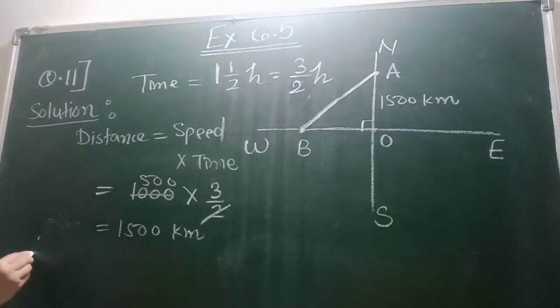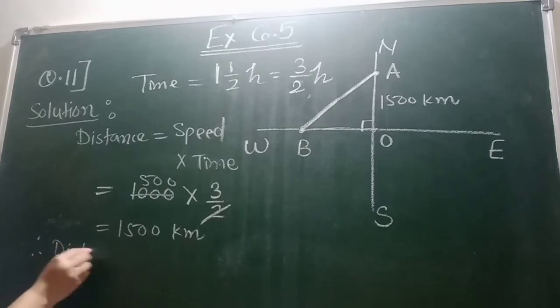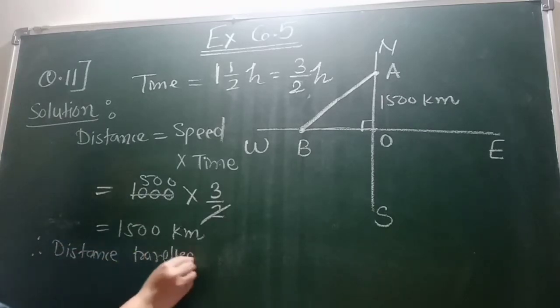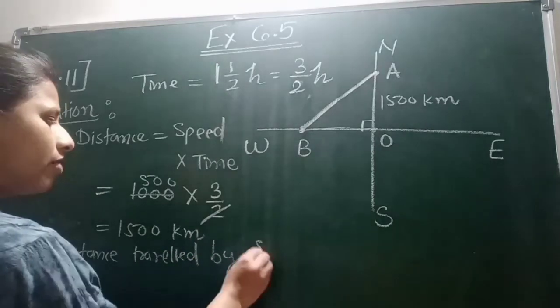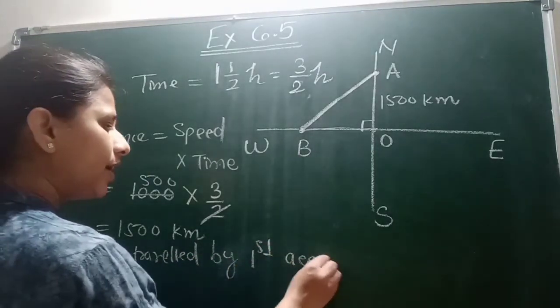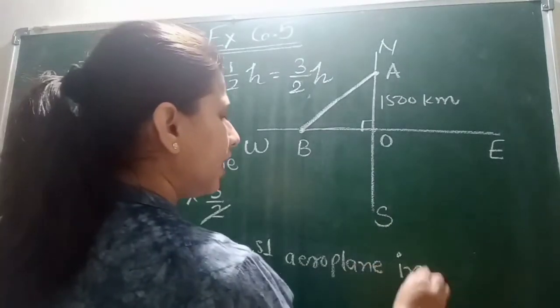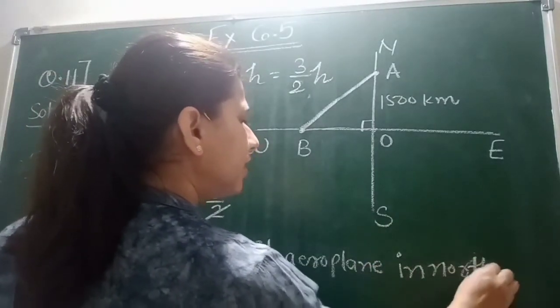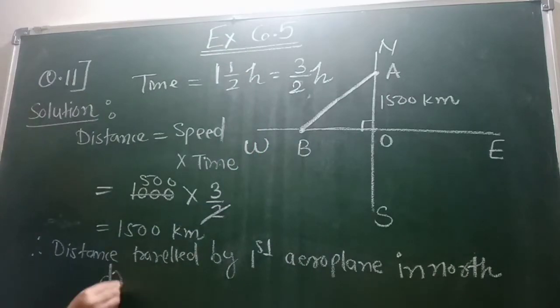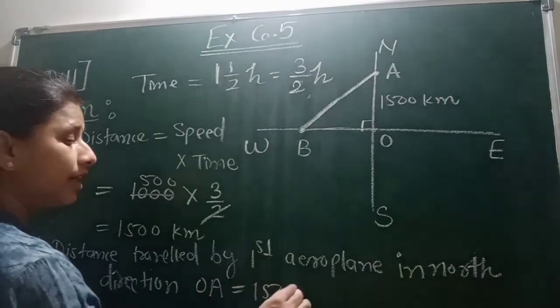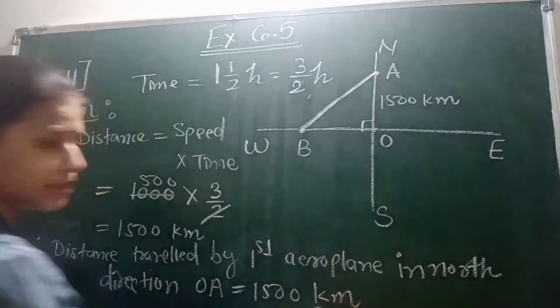So we can write, therefore, the distance travelled by the first aeroplane in the north direction, it means OA equals 1500 kilometer.